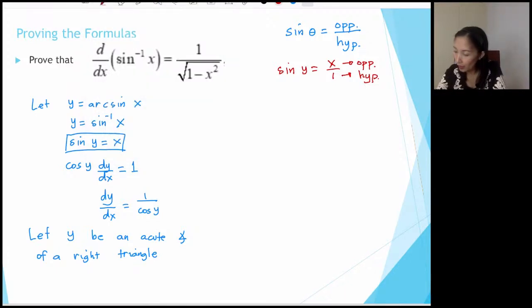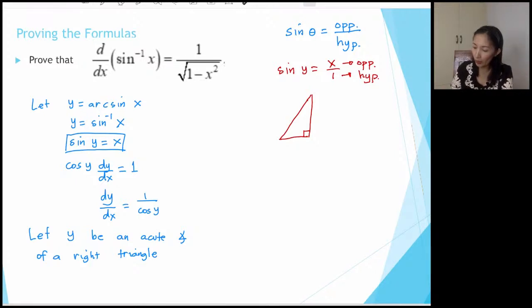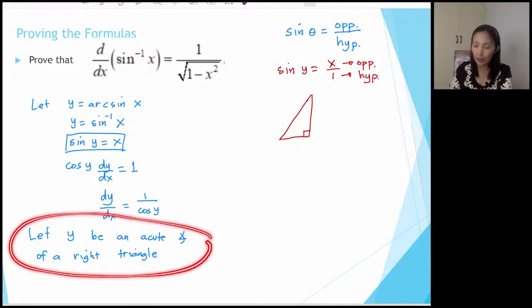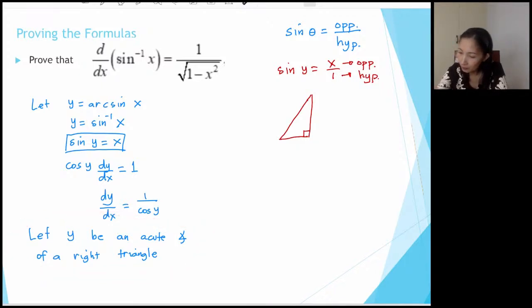Let me draw a right triangle. Like what I said a while ago, we let y be one of the acute angles of the right triangle. Let this angle be y. So if this is angle y, which side is opposite? This must be x, and the hypotenuse must be 1.